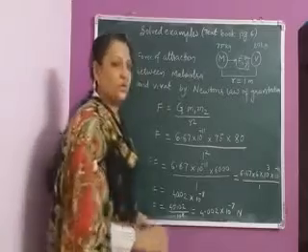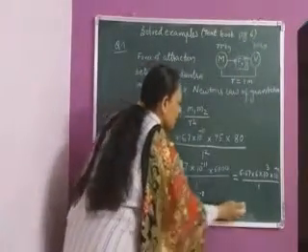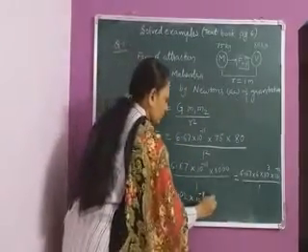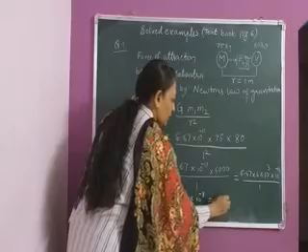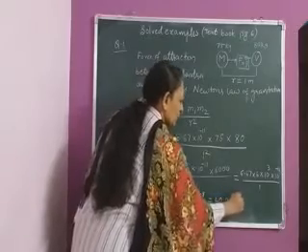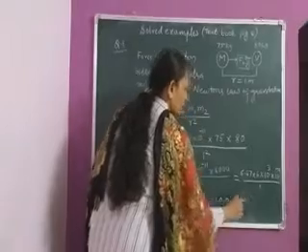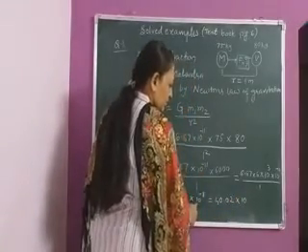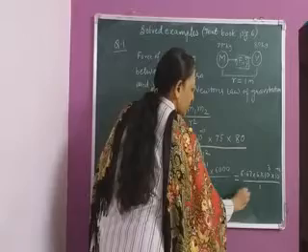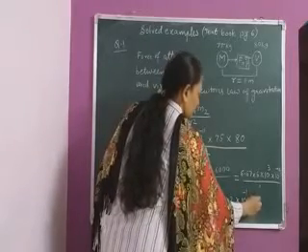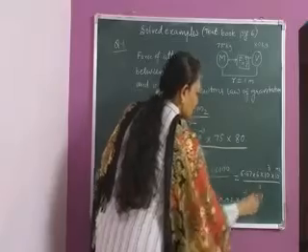Or you can write this in another way. The same calculation you can write in this way also. 40.02 into, this we will split as 10 to the power negative 1 into 10 to the power negative 7.